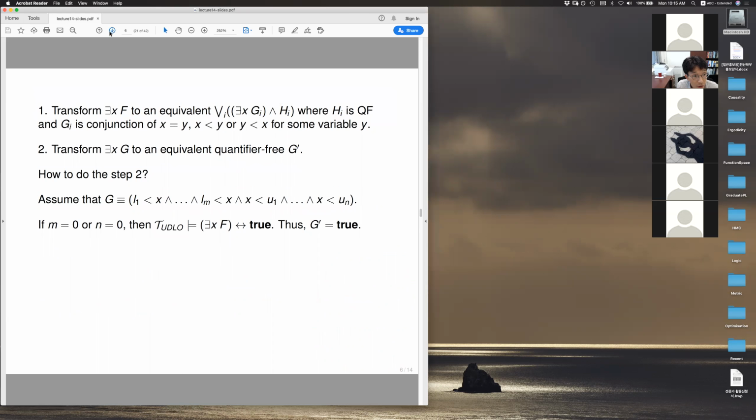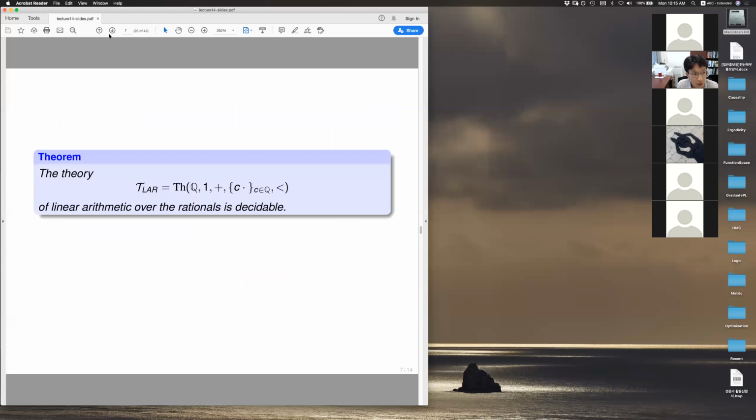And the other example that we see in the lecture is the theory of linear arithmetic over the rationals. That is also decidable for almost the same reason. The proof appears in the lecture notes that you can see on the KLMS. The proof follows exactly the same pattern.